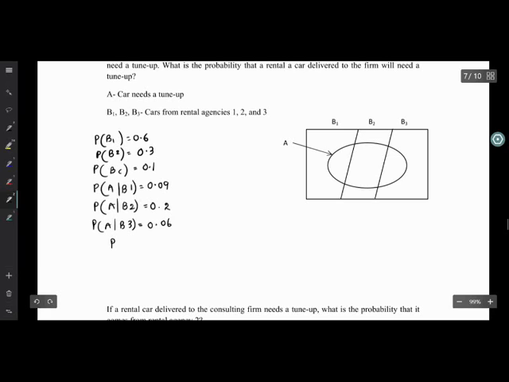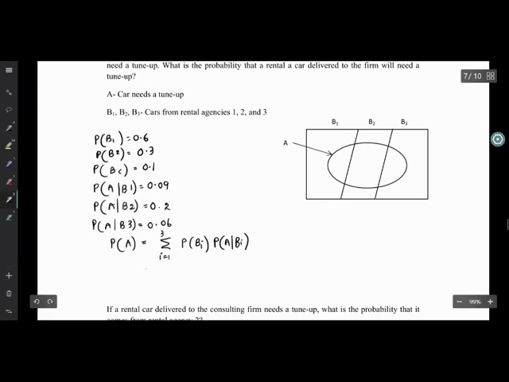Now we apply the rule of total probability. i goes from 1 to 3, sum of P(Bi) times P(A given Bi).